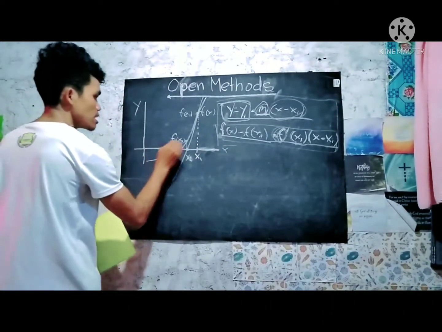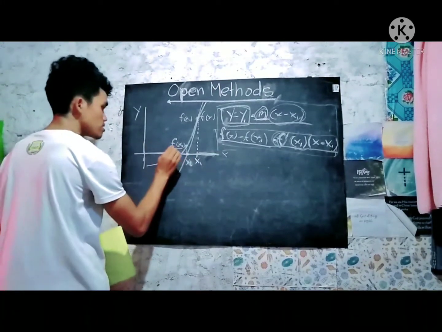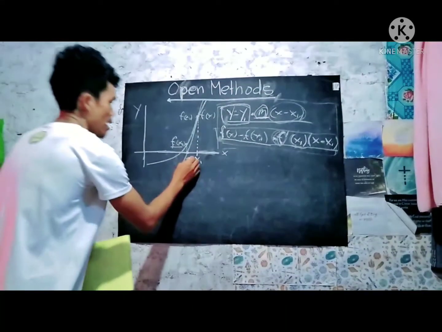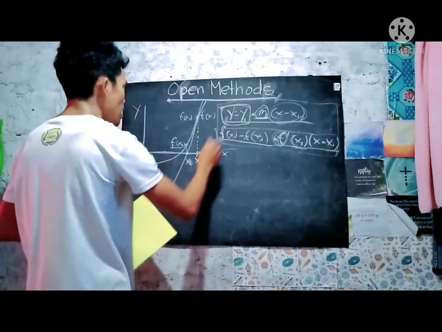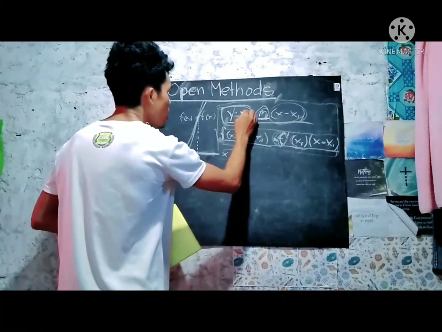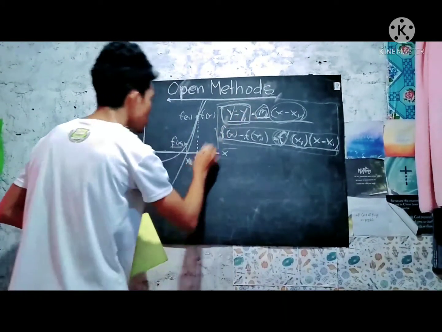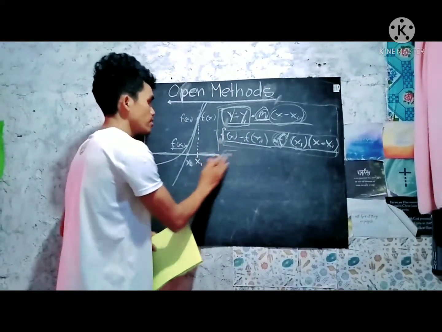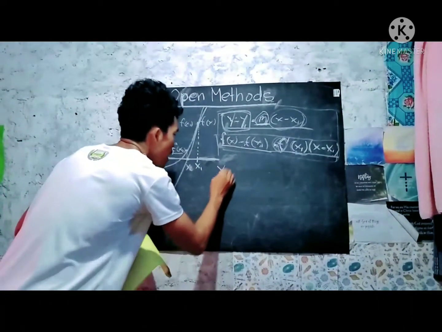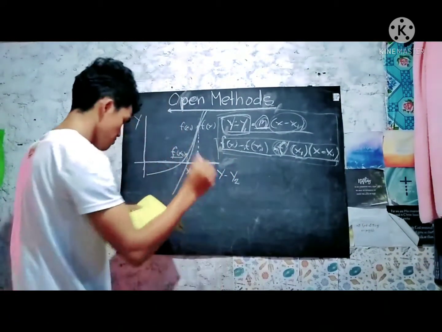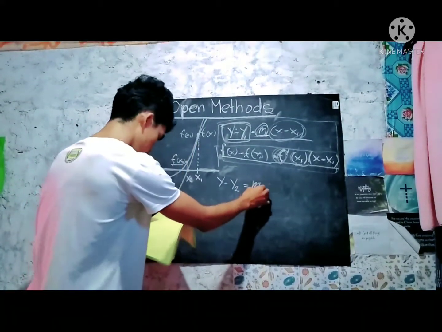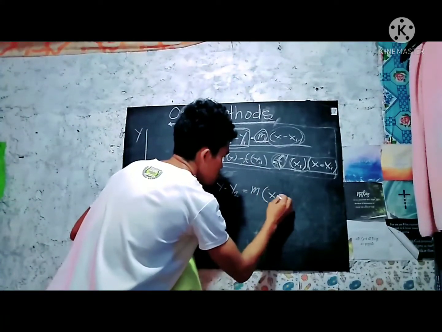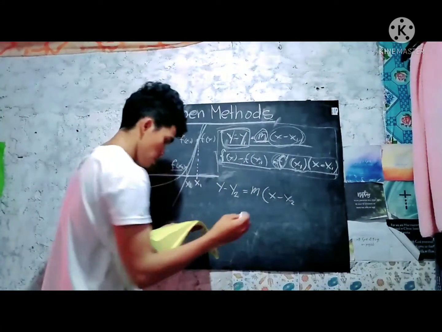But instead of y sub 1, we're gonna use y sub 2. For you to understand, I will write it again: y minus y2 is equal to m times x minus x2.